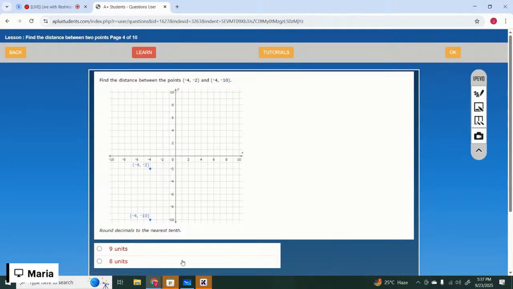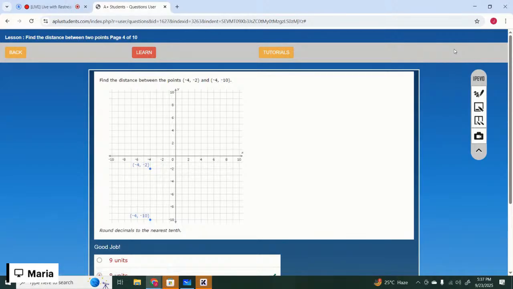That is 8 units. Option number 2 is the correct option.